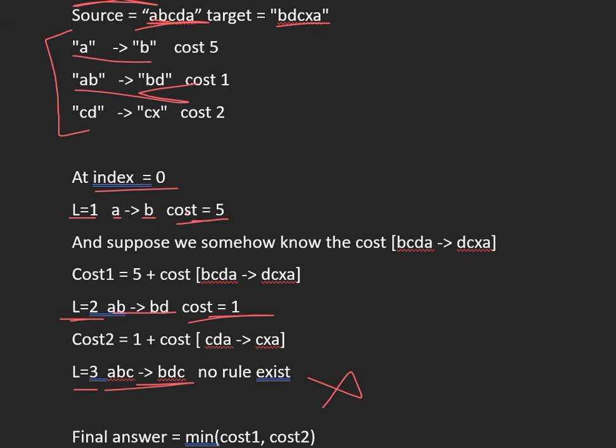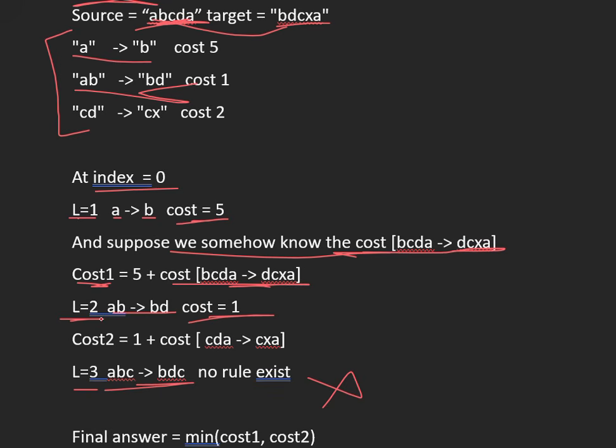And suppose somehow we know the cost for length equal to 1, a to b, and we also know the cost to convert bcda to dcxa. Then our total cost will be this cost 5 plus the cost of bcda to dcxa.